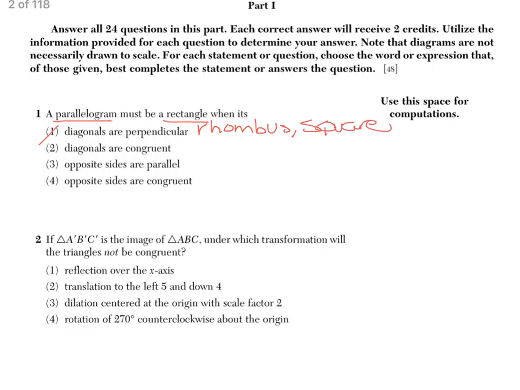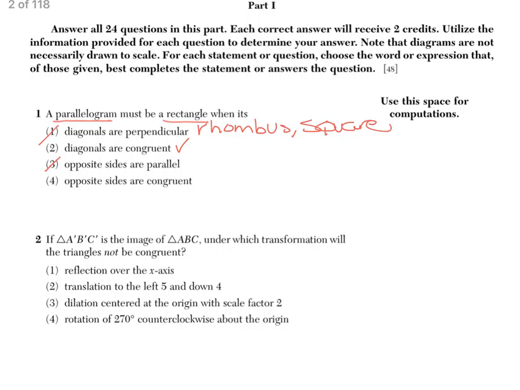And as for diagonals that are congruent, a rectangle does have diagonals that are congruent along with a square. Opposite sides that are parallel, well, yes, a rectangle has that, but so do all the other figures in the parallelogram family. So it doesn't isolate a rectangle in order for that to be the answer.